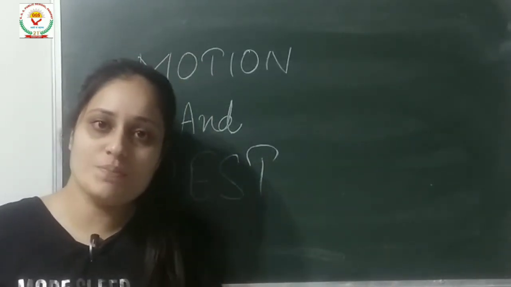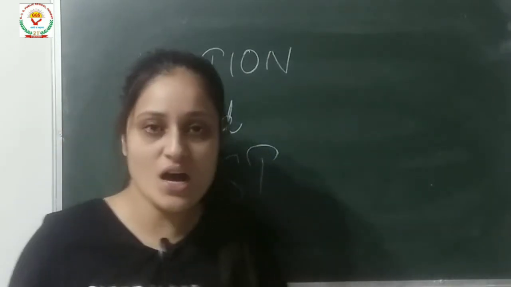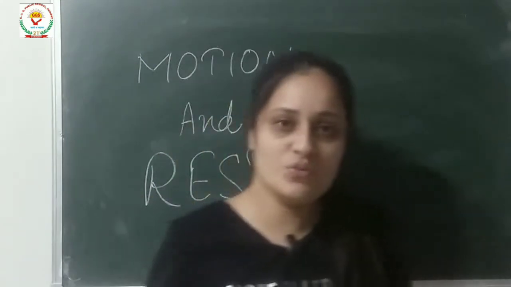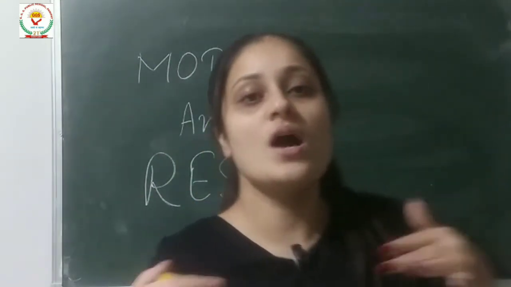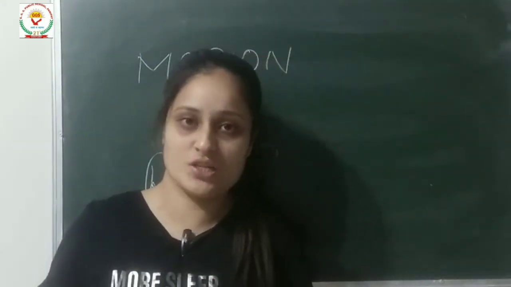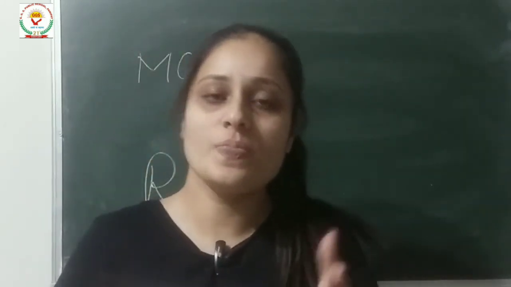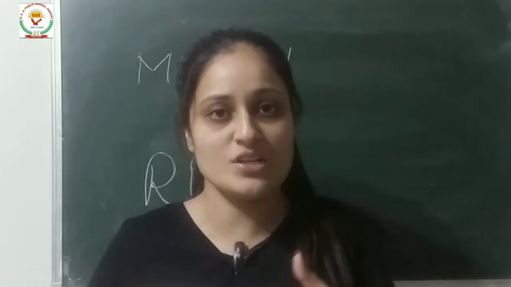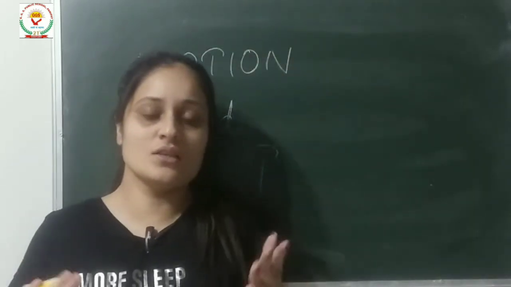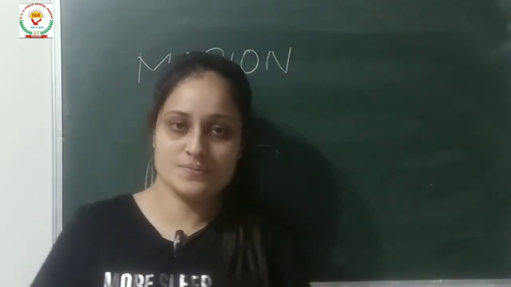And an example of motion is, now I am moving here and there. As you can see, I am moving here and there, so I am in the state of motion. This is an example of motion. You can also take examples of motion and rest in your environment.